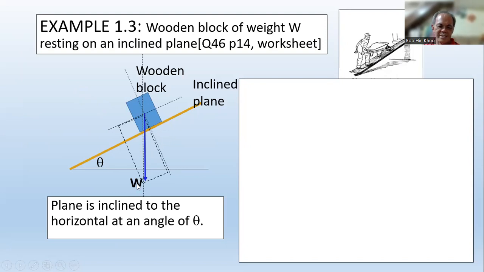It won't go down directly this way. That's why we have two perpendicular directions: parallel to the plane and perpendicular to the plane. So our component perpendicular to the plane is the component of weight perpendicular to the plane. That's your angle theta. This is theta, and that must be above theta. So that's the component parallel to the plane.